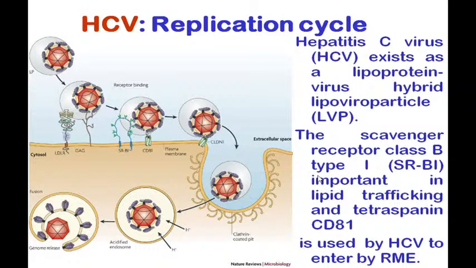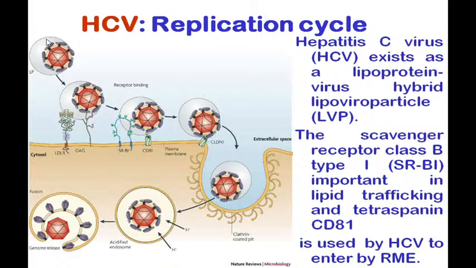So, the replicative cycle. What kind of problem do we have with hepatitis C virus? You should ask me: why is it covered by some bubble? I don't know, right? So see, this is a virus and usually it is covered by low density lipids of the cell, cellular lipids.